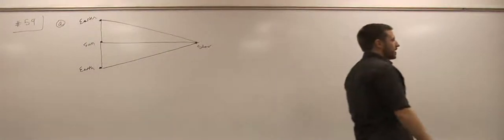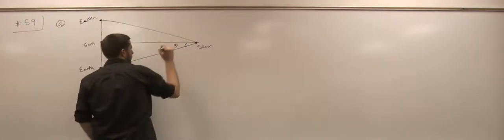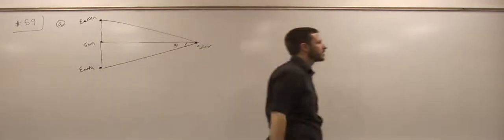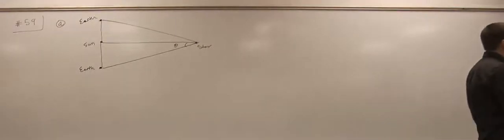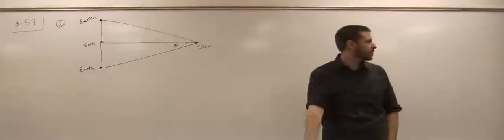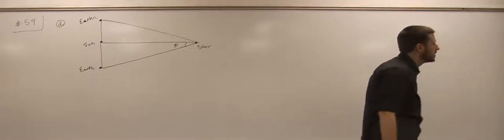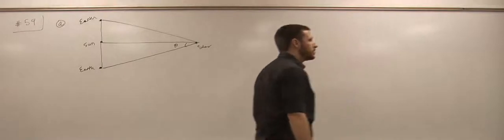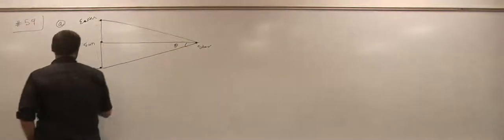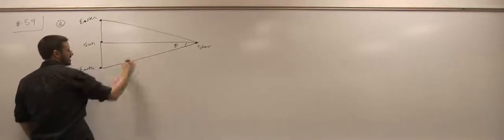And our parallax is this angle here, theta. So part A is telling you that this star, Proxima Centauri, is 4.22 light years from Earth. So that would be this distance here.